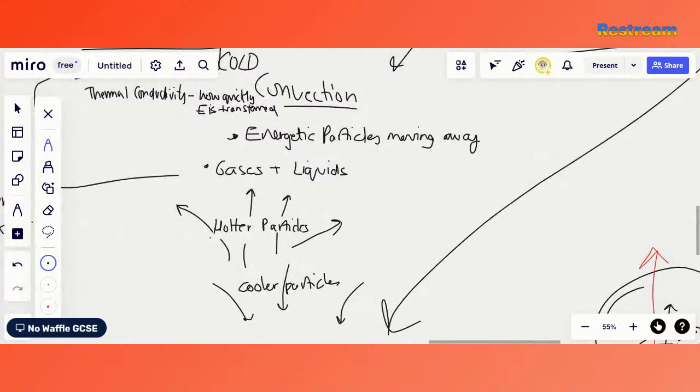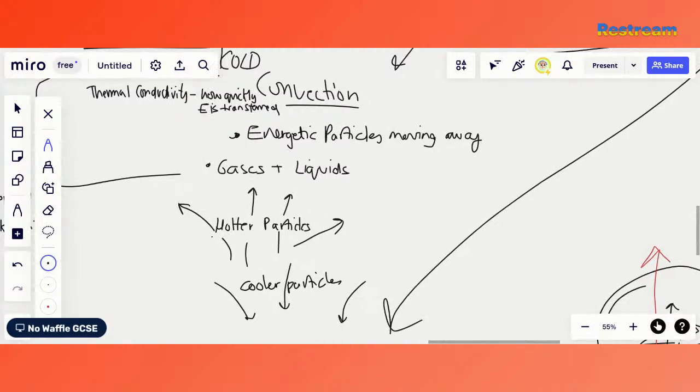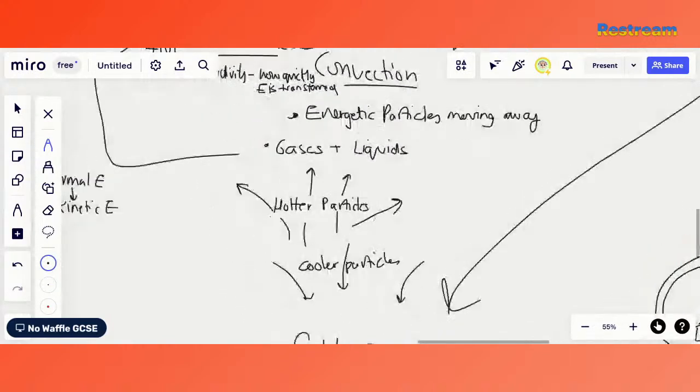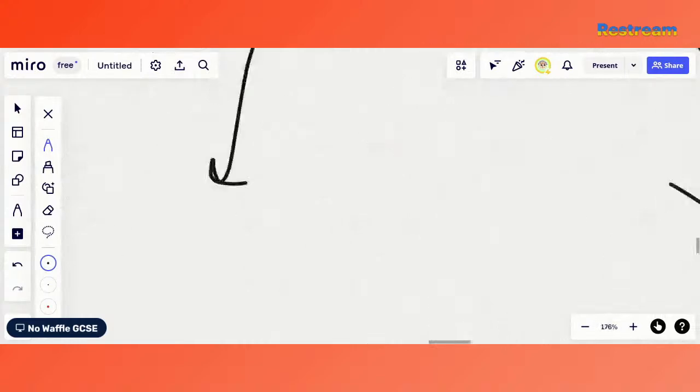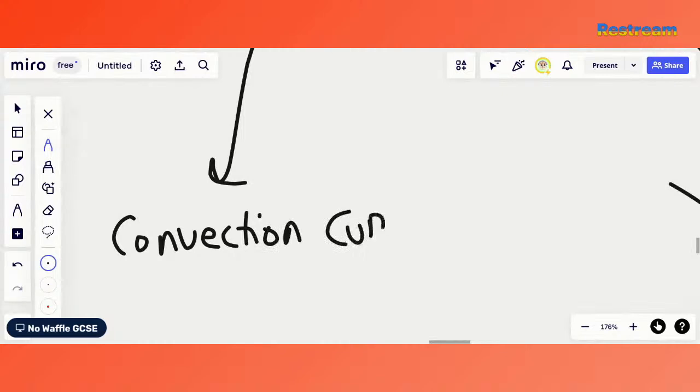Now, radiators create convection currents. Heating a room with a radiator relies on convection currents. Energy is transferred from the radiator to the nearby air particles by conduction.